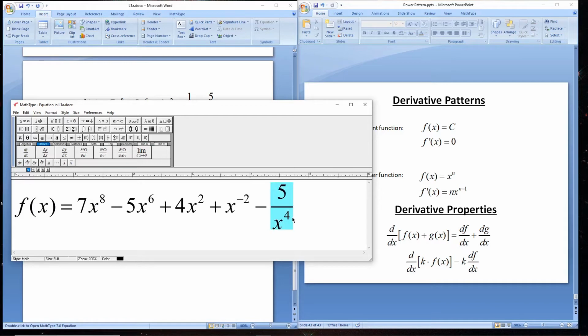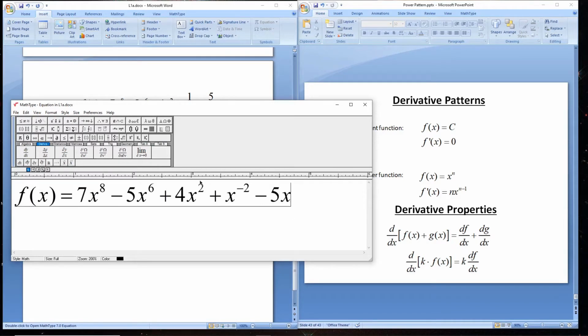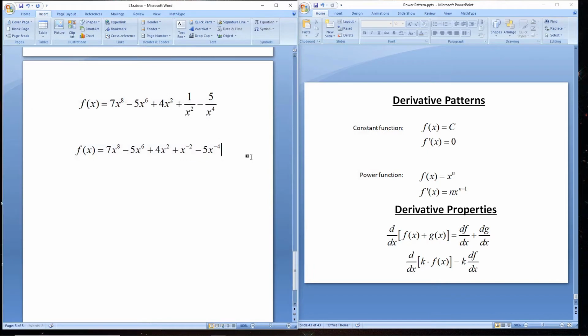And 5 divided by x to the 4th is the same as 5x to the minus 4. And that's a good first step, to write everything clearly as power functions.